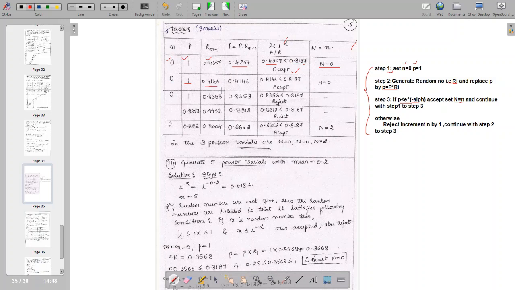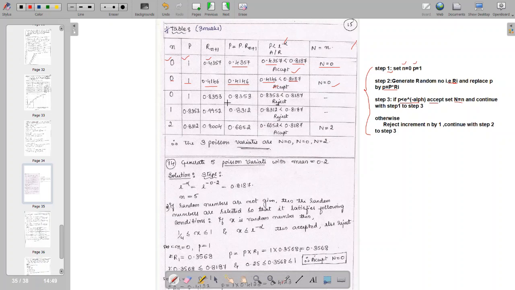Then multiply 0.4146 into 1, we got 0.4146. Now 0.4146 is less than 0.8187. So accept it. Set uppercase N is equal to small n, and repeat this step from 1 to 3.